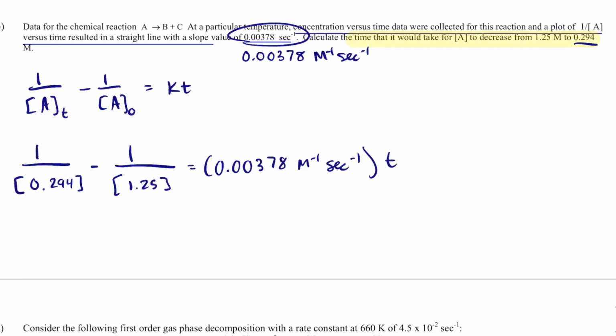And then on this one, we're solving for time again, so we just have to do a little bit of algebra. 1 divided by 0.294 minus 1 divided by 1.25, and then divide that number by 0.00378, and we get 688 seconds.